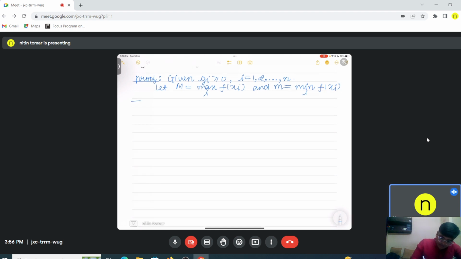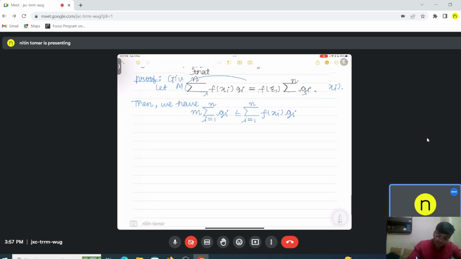So then we have m times summation gi, i going from 1 to n, is less than or equal to the sum in the middle, because this is what we have been asked about.